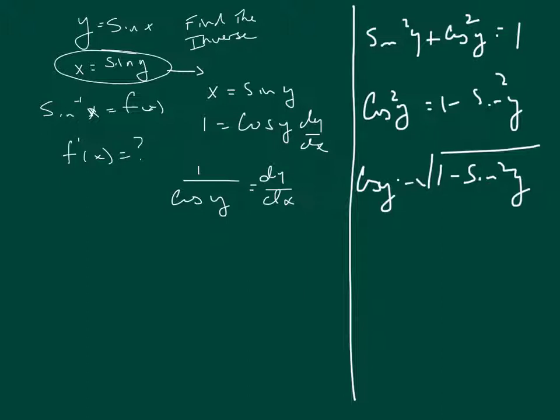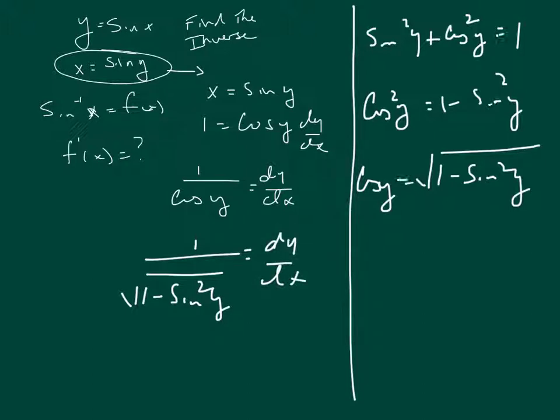Alright, so far we replace that, and we're left with the square root of 1 minus sine squared y. Now, last piece we had over here: x equals sine of y. So we can do a little bit of a replacement here, where we get 1 minus x squared.